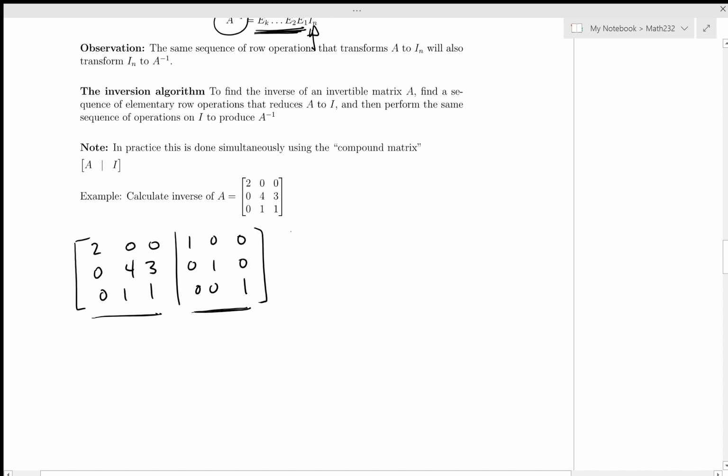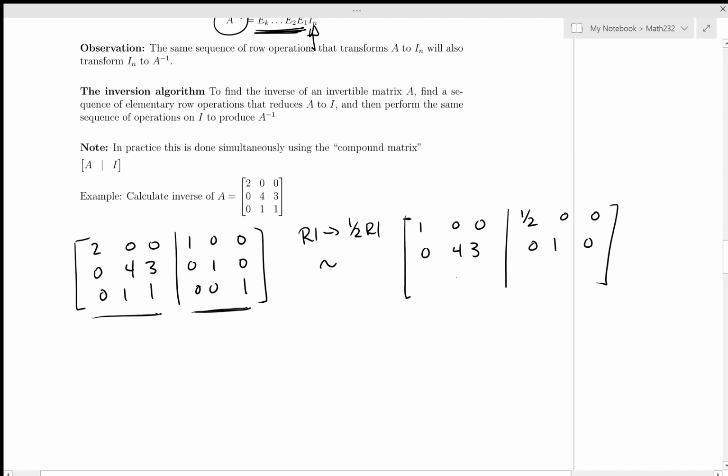The first thing I'm going to do is take R1 and replace it with a half R1 in order to get a 1 in that first row. I'm going to apply that to the entirety of row 1: 1, 0, 0, 1 half, 0, 0. Multiply row 1 by a half. Then I've got the leading 1 here.